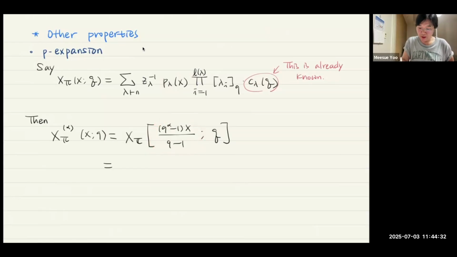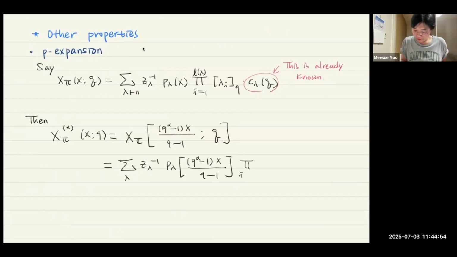And then what you do is you just replace this x by this plethysm here. So you do the same thing, and this plethysm only affects the x variable, not the coefficients part. So they just stay there. And then you just replace x in the p function by this. Everything else stays the same.